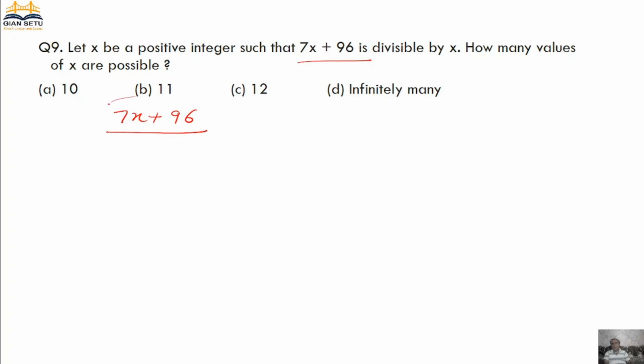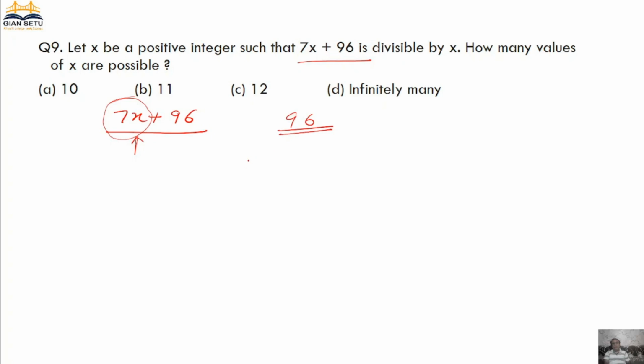Now this part is always divisible by x because x is a factor of this part, right? We can also say that this is a multiple of x. Now how many values of x are there such that this number is divisible by x depends on how many factors of 96 are there.